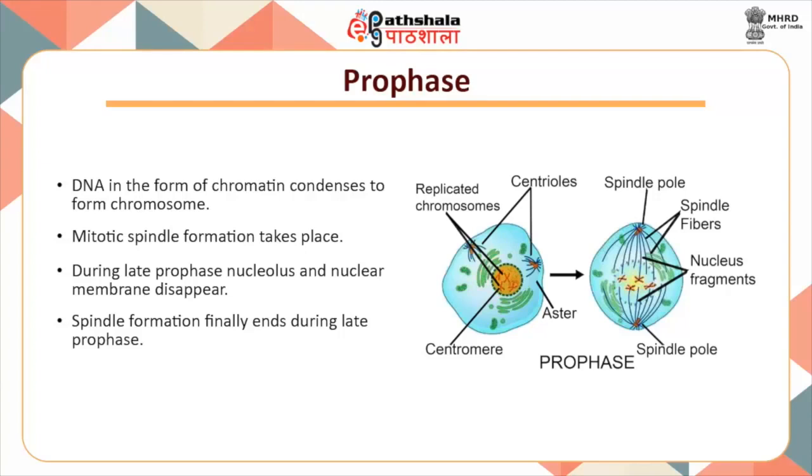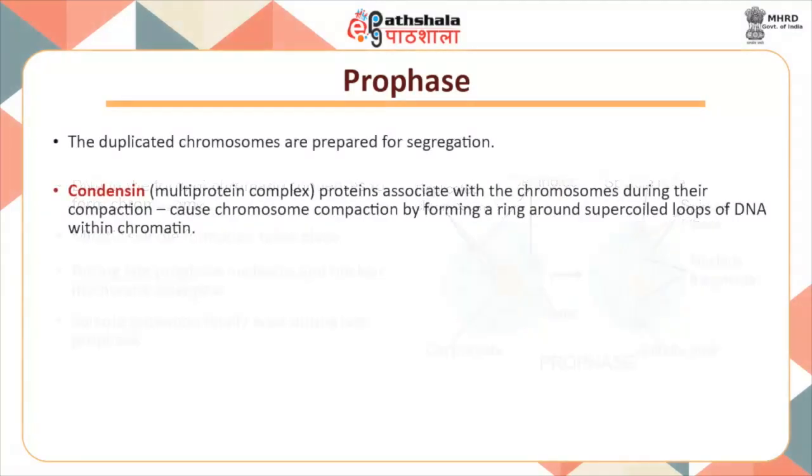The 2 parts of each chromosome are called sister chromatids because the DNA content in each of them is genetically identical. Sister chromatids are held together by a multi-subunit protein complex called cohesin. Condensin is a multi-protein complex associated with the chromosomes, causing their compaction. It forms a ring around supercoiled loops of DNA within chromatin.